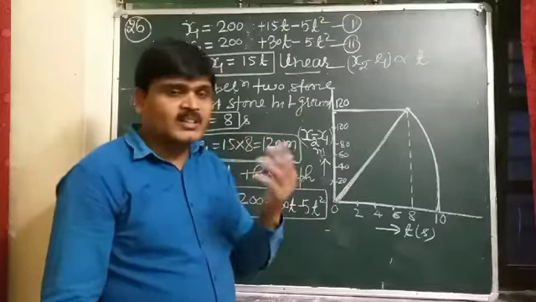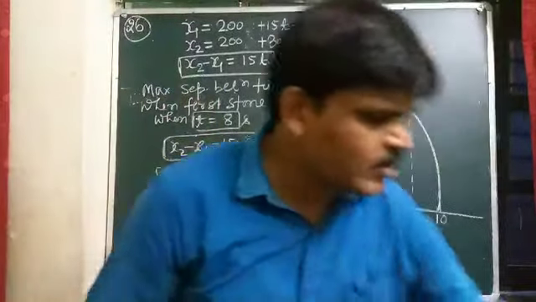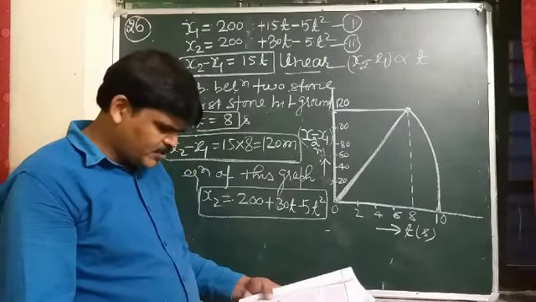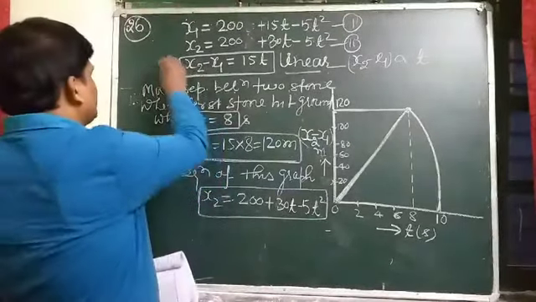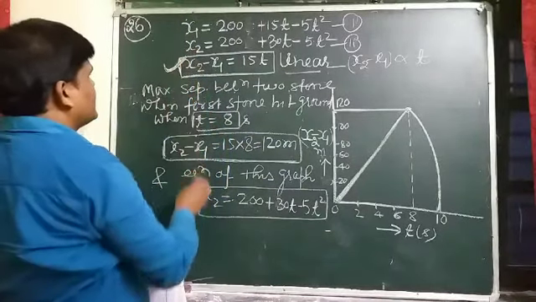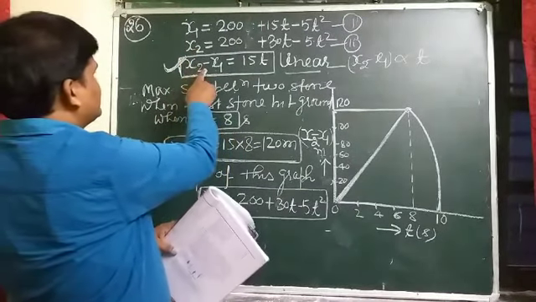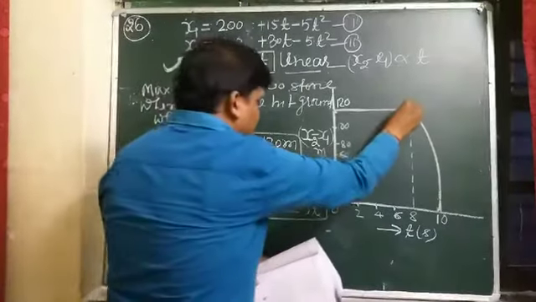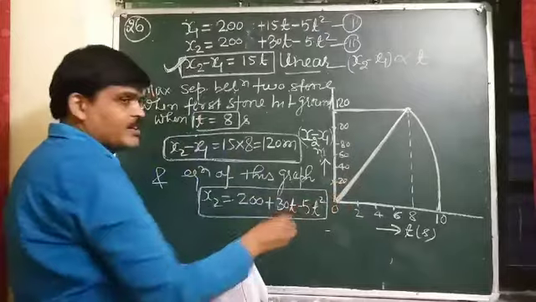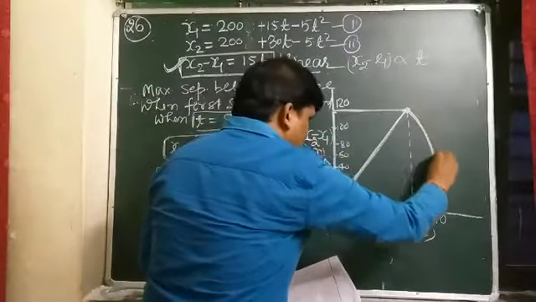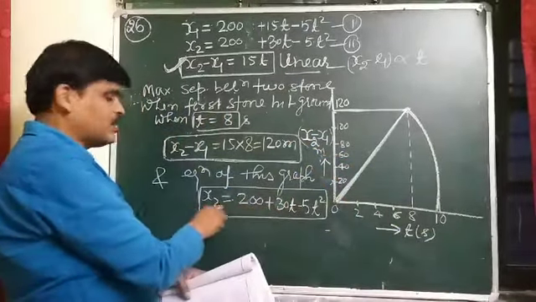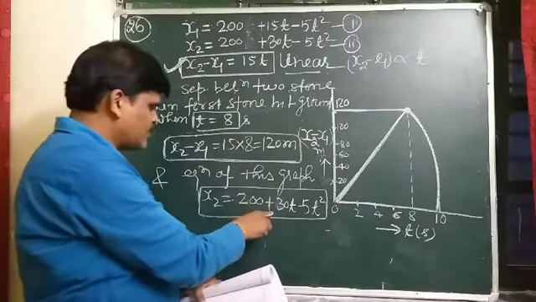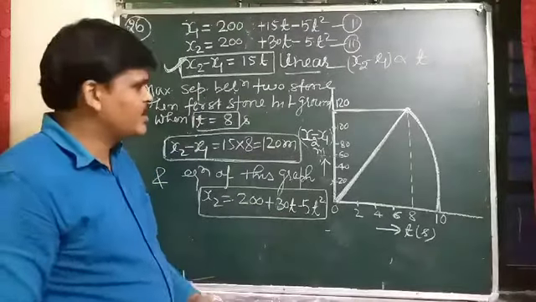So what is the equation? Now the question is asking, give the equation for the linear and curve part of the plot. So equation of linear part, that is what? x2 minus x1 equal to 15t. And this is the equation for this linear part, and equation for curve part, that is what? x2, second stone, which is x2 equal to 200 plus 30t minus 5t square.